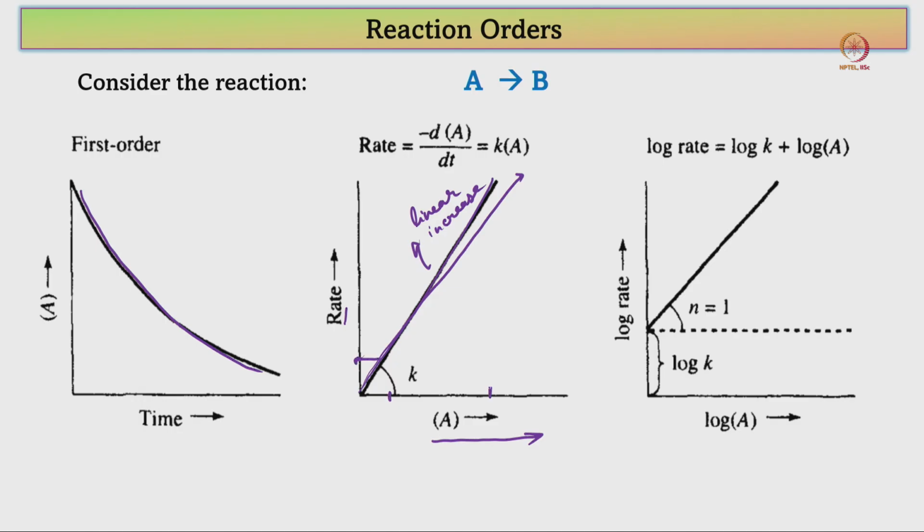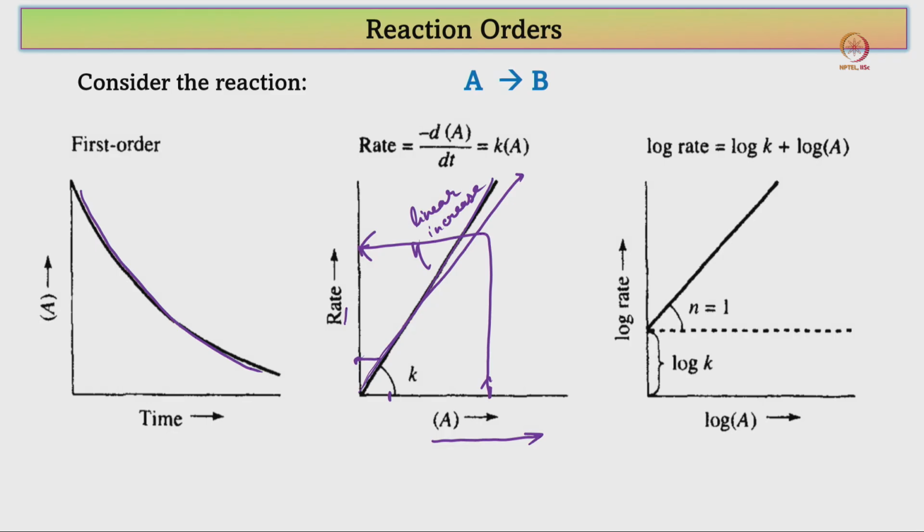If I increase my concentration, then my reaction rate value increases. So, this means that the reaction depends on the concentration of A. If I double the concentration of A, my reaction rate can double.